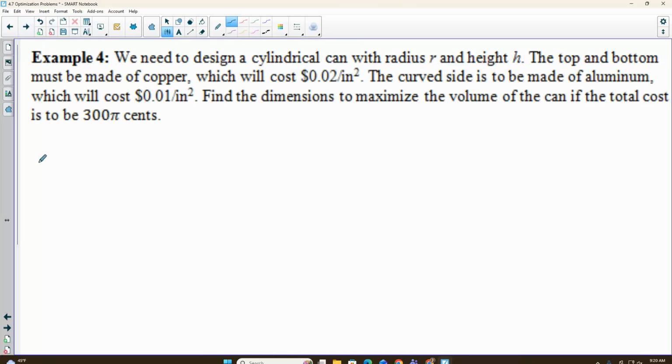So, final problem for the day, so that we get through all the different types. We need to design a cylindrical can with radius R and height H. What's a cylindrical can? Normal soup can.